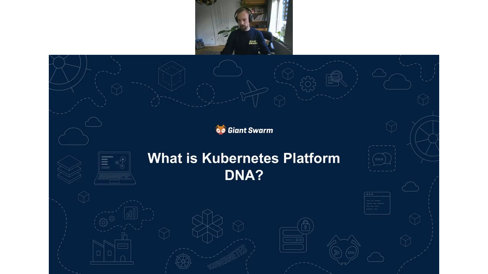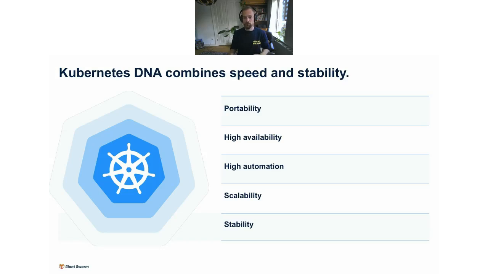So what is Kubernetes Platform DNA? Obviously, we have Kubernetes in the name. So what is Kubernetes for us? What Kubernetes brings us is that it actually combines speed and stability at the same time. So we have, for example, the portability, where we abstract the infrastructure, for example in deployments, so that we are able to deploy faster and more reliably than before.